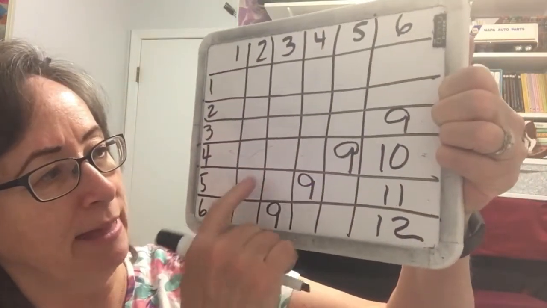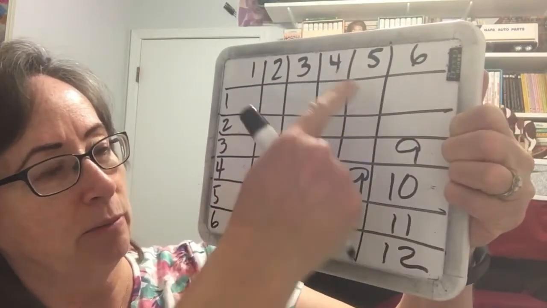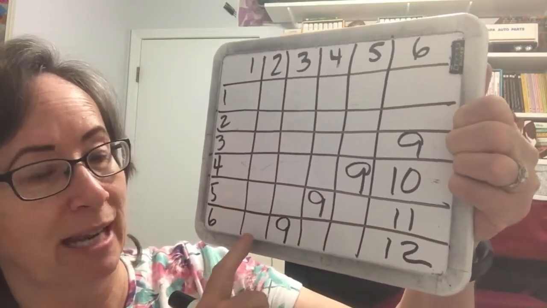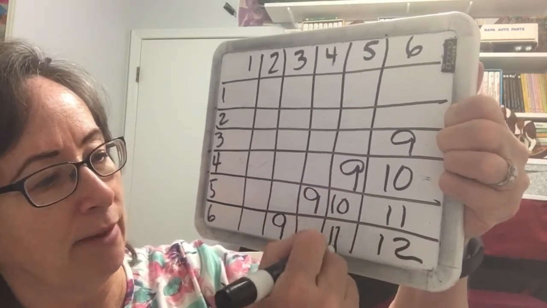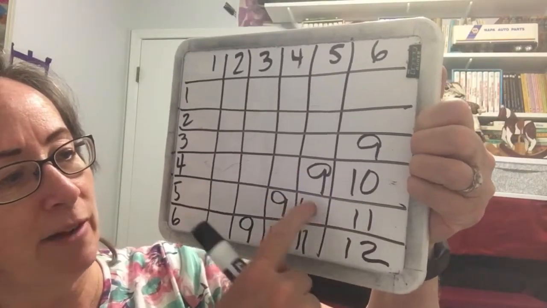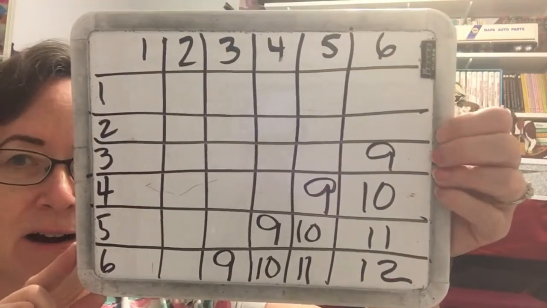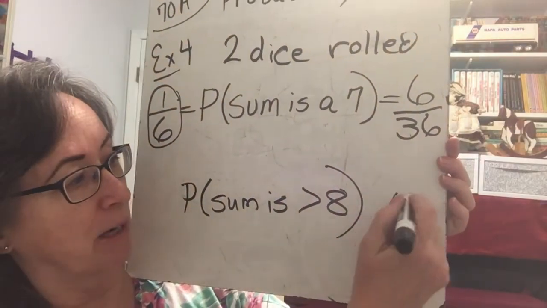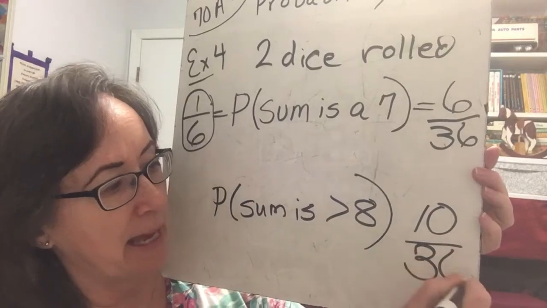So now everything up above this row is going to be less than or equal to 8. We want greater than 8, so we want 9 or more. This is going to be a 10, 11, 11, 10, and look, 1, 2, 3, 4, 5, 6, 7, 8, 9, 10 outcomes that are greater than 8. So 10 outcomes are greater than 8 out of, remember, the whole chart has 36 outcomes.